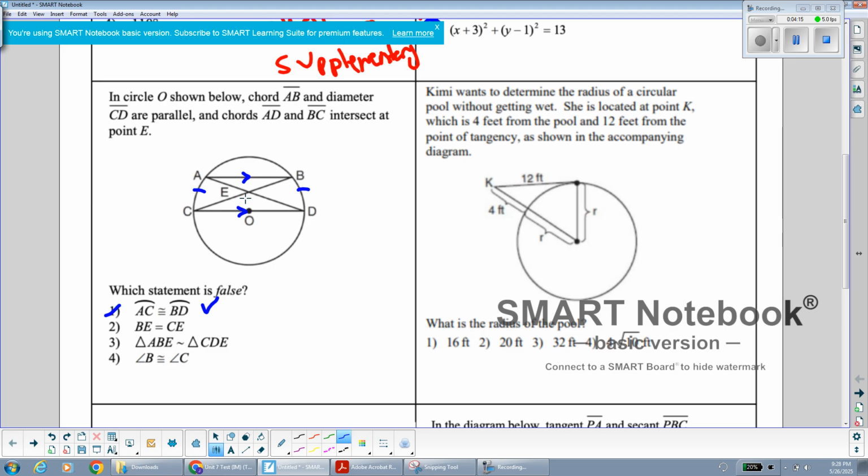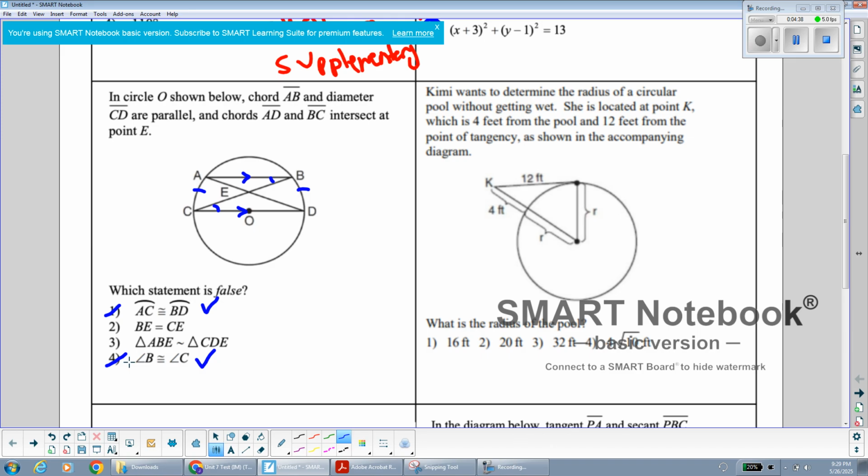Already, if I have parallel lines, my alternate interior angles B and C are going to be congruent because those are alternate interior angles. So 4 is true. So I'm going to cross out that answer choice. BE is congruent to CE.